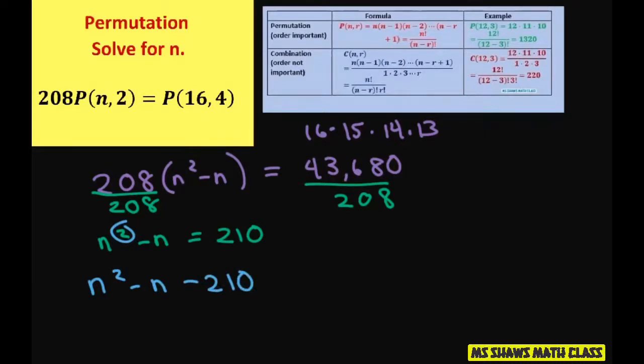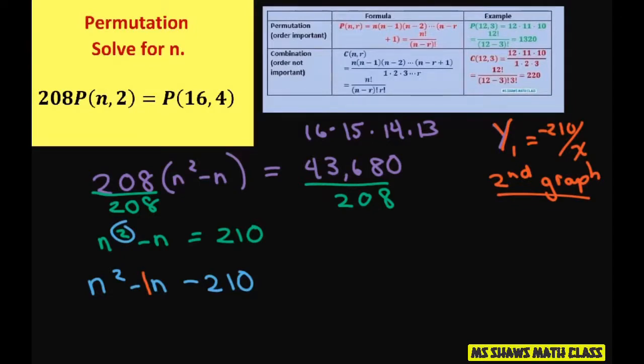Now this one I did use the calculator. I went to y1 and I put negative 210 divided by x, and then I did second graph for the table, and I could see which numbers gave me a negative 1.